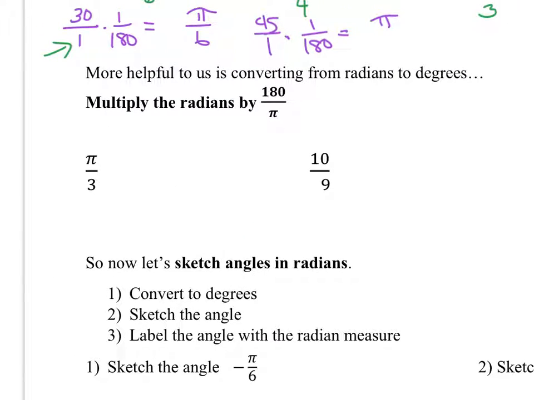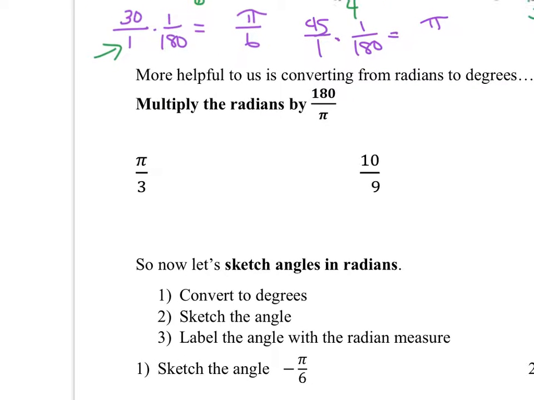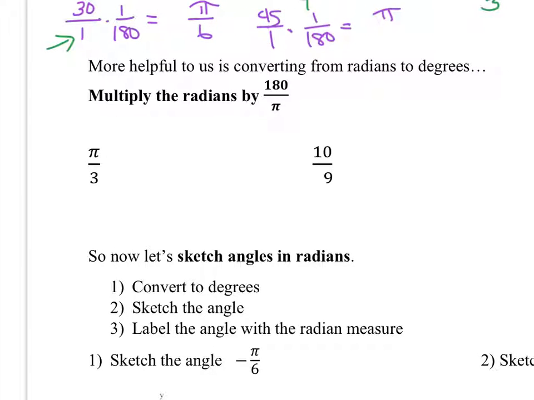The other helpful thing, which is more helpful for us because radians is very unusual for us, is converting from the radians that they give us to the degrees that we were used to. So pi over 3, what we just do is we multiply by the flip of what we did the other time.